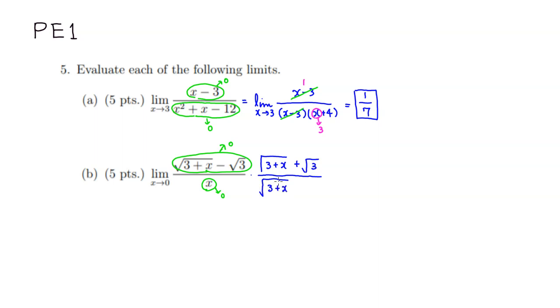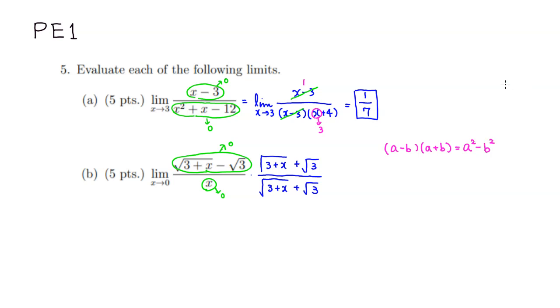So you have the square root of 3 plus x plus the square root of 3. Note that whenever you have a quantity a minus b times a plus b, this simplifies to a squared minus b squared.